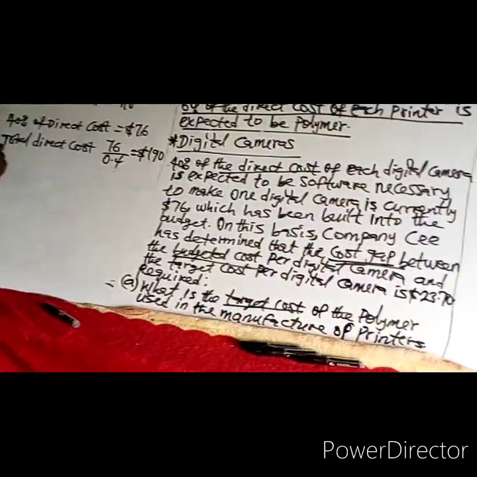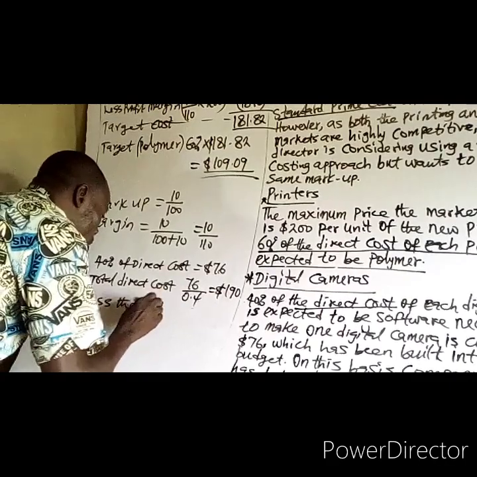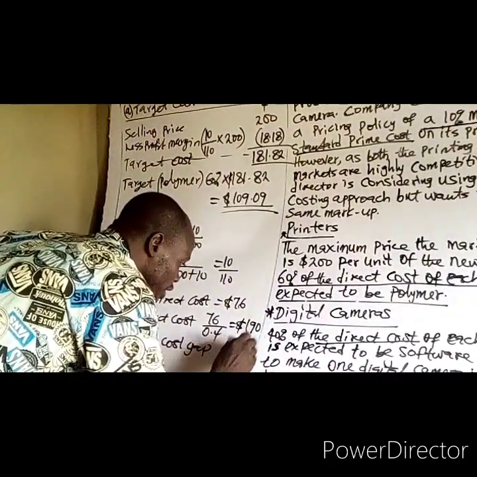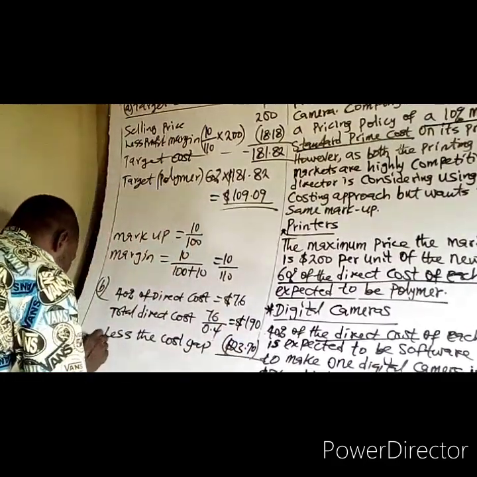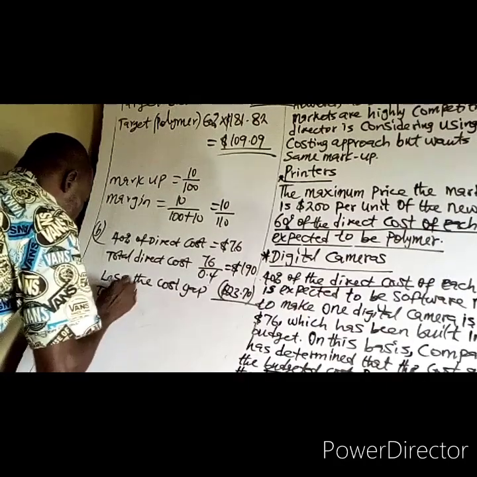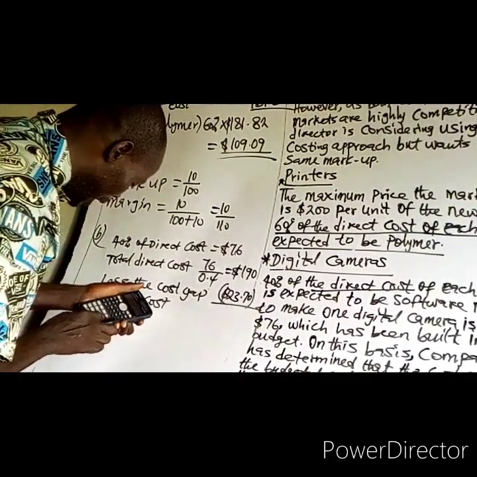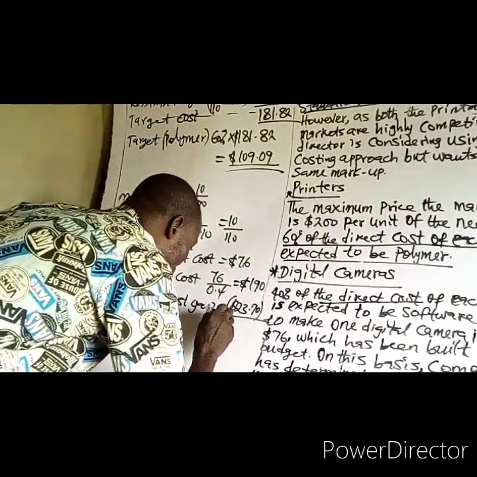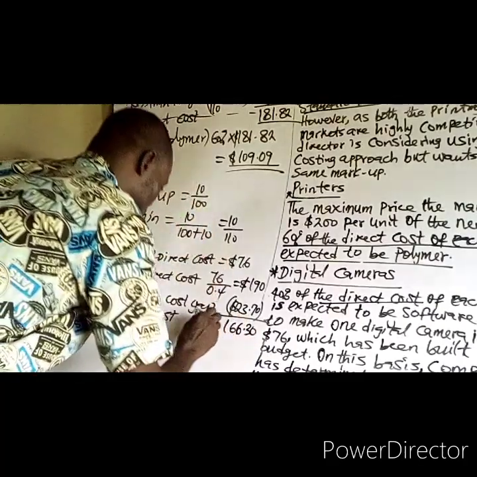So you now less the cost gap of $23.70 from 190, and then you arrive at the target cost. The target cost will be 190 minus 23.70, and that will give us 166.30. This is the target cost.